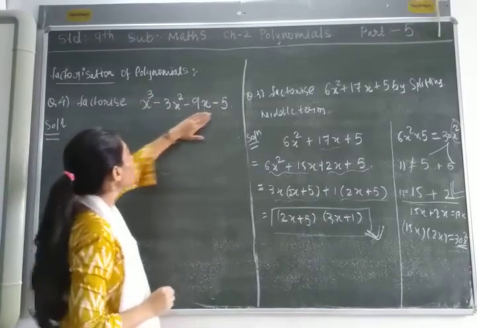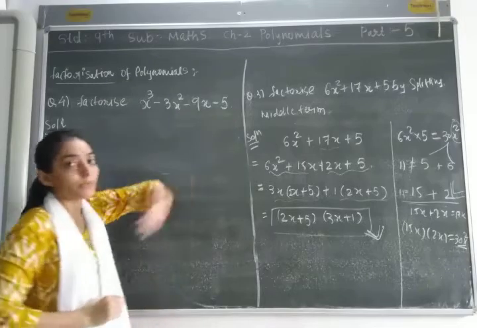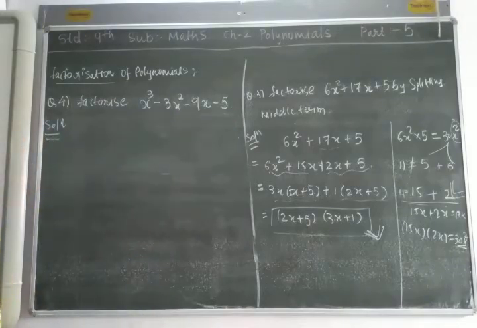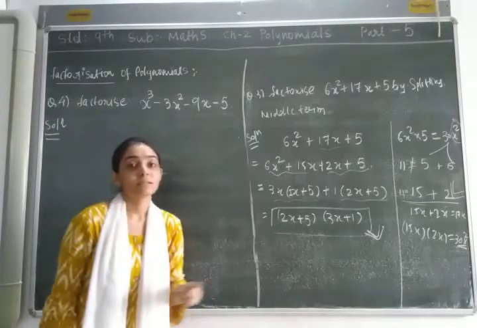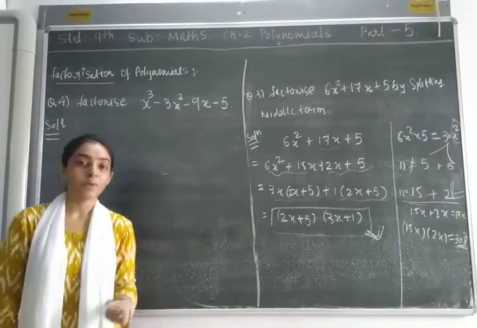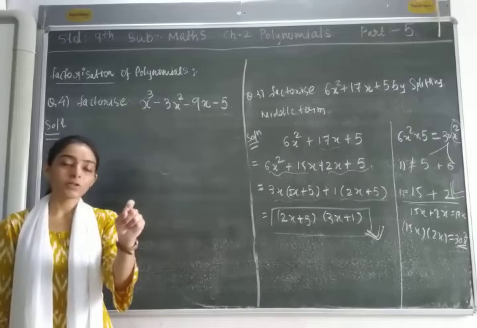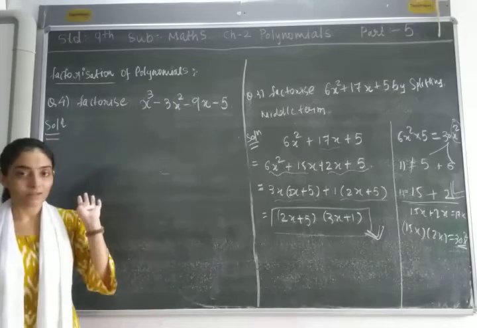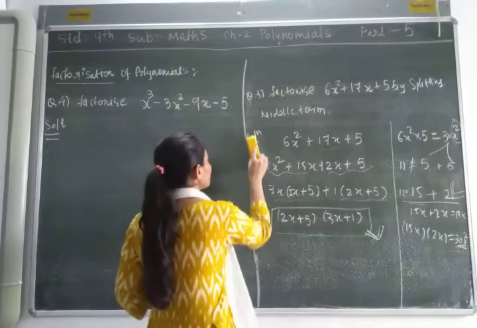We have to factorize this whole term. So the method I'm using is the trial and error method. Hit and trial also we can call it. So let me do this part first.